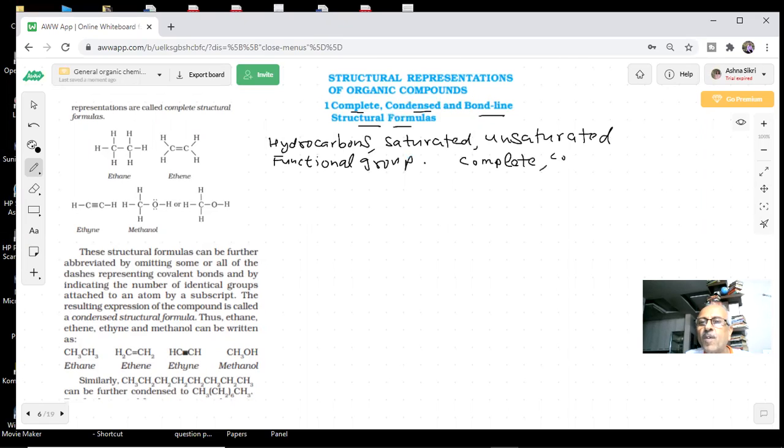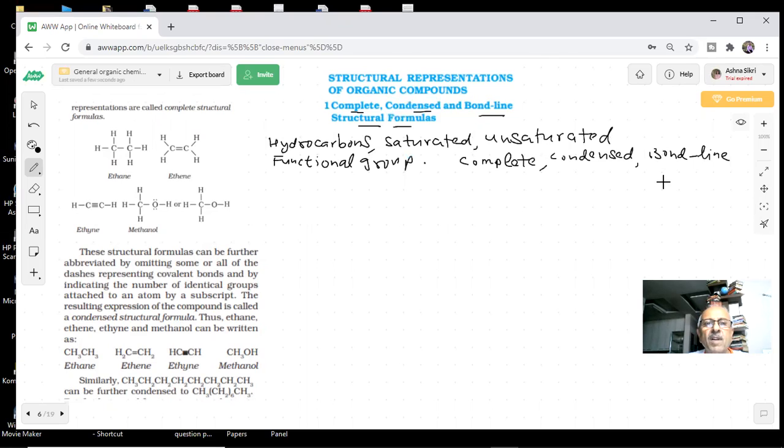Sometimes it is not possible to represent big molecules in full, so we try to find a short form. Keep your notebook and colored pens ready, because practice is required for everything.